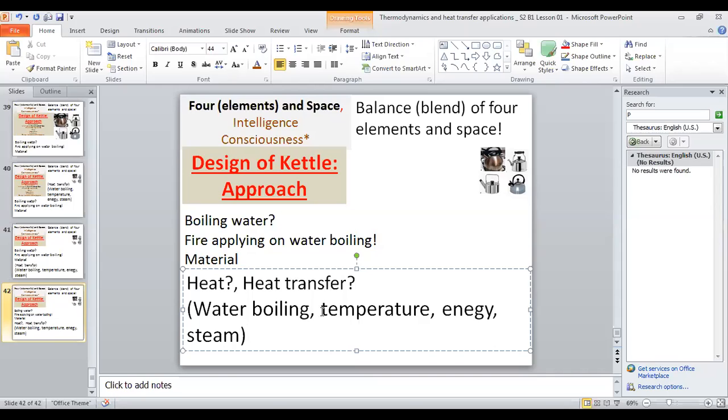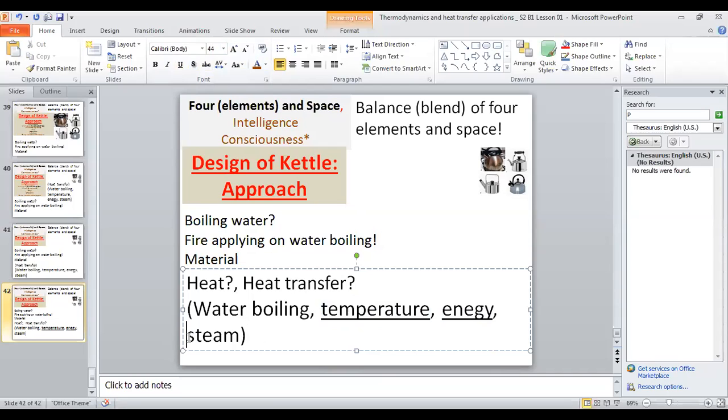And about water boiling, you should explore what temperature means. What is the meaning of energy for you in water boiling?